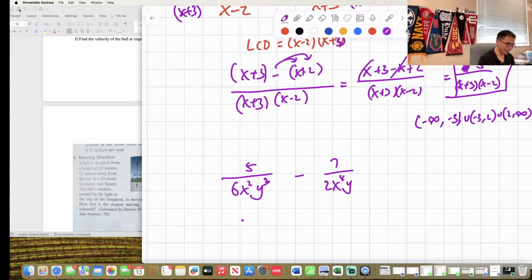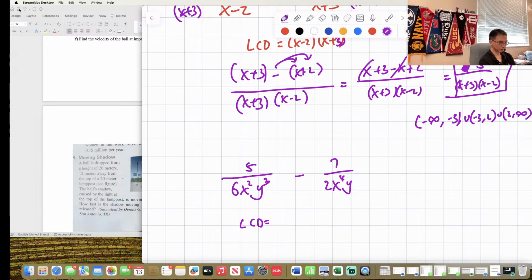So what will be the least common denominator in this case? What did you say, Miranda? No. Least common denominator. What will be the least common denominator here? 3xy?